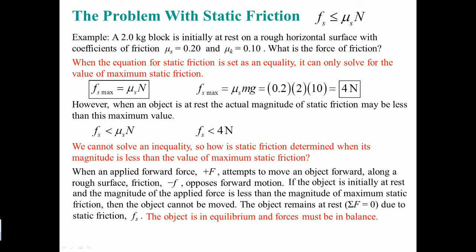If the object is initially at rest and the magnitude of the applied force is less than the magnitude of the maximum static friction, then the object can't move. Here's the picture: F to the right is less than minus F. The object remains at rest due to static friction.